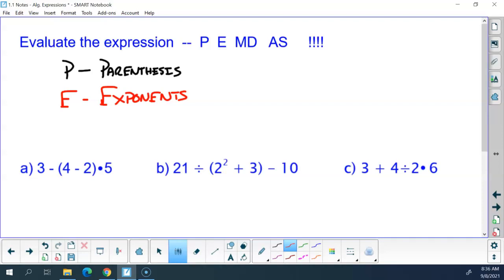Then we got M and D. M and D we do at the same time. That's multiply and divide.